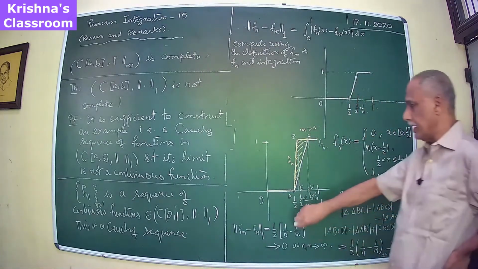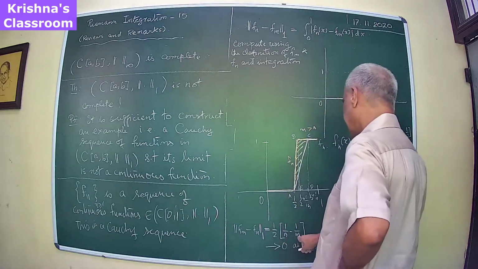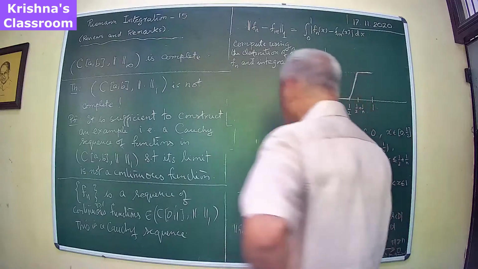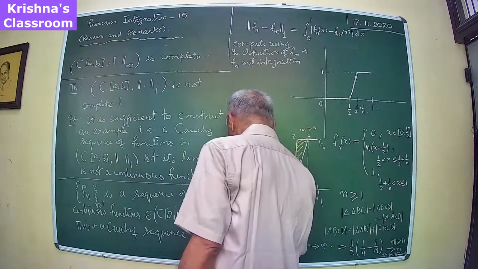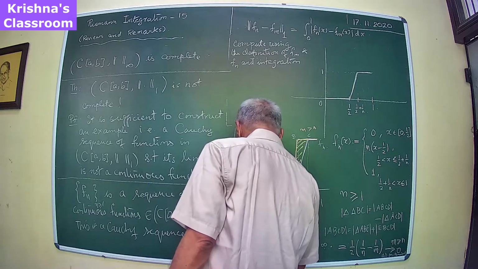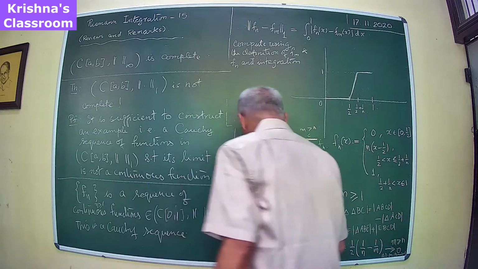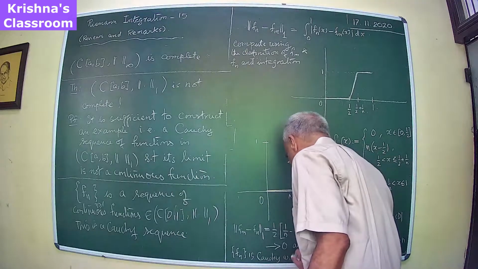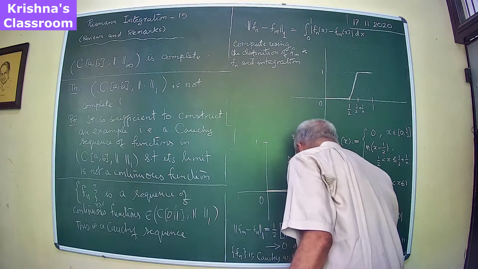Or this can be made arbitrarily small by choosing n sufficiently large and m greater than or equal to n. Hence Fn is Cauchy with respect to norm 1.